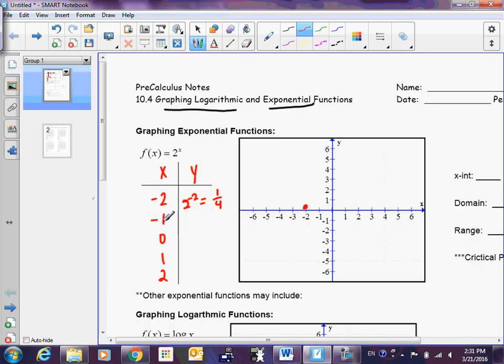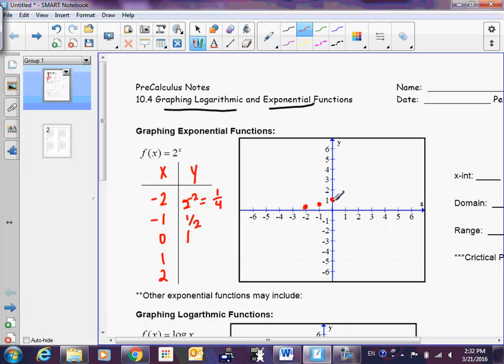What about 2 to the -1? 1/2. What about 2 to the 0? 1. Yeah, anything to the 0 power, as long as it's not also 0, that's a 1.